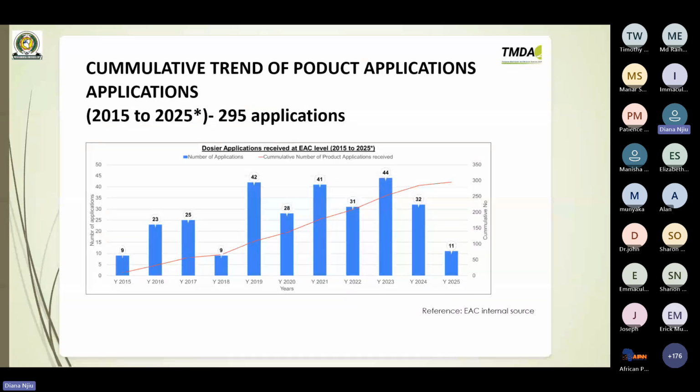We have about 295 applications, and each year we have a different number of applications, but the data shows there's been an increasing number of applications from the applicants using this route. So for 2025, as for data in February, it was 11. Now we are in March, there is more number of applications which has not been accounted here.